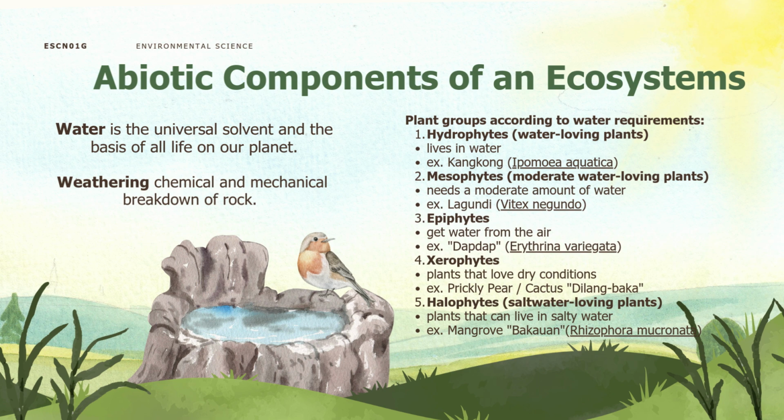For the sake of those foreign students who cannot comprehend Tagalog, the local names of plants and animals I'm including in this presentation are enclosed in these quotation marks. So dap-dap is an example of an epiphyte.